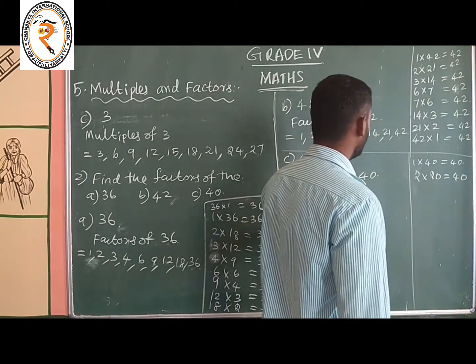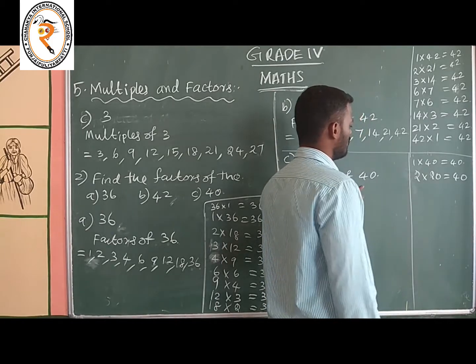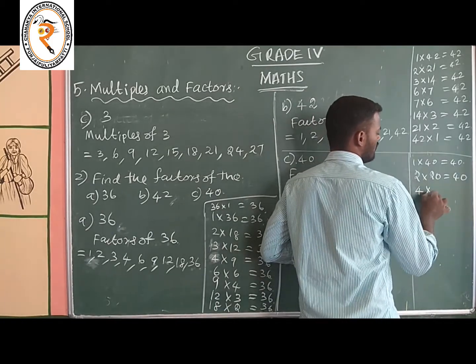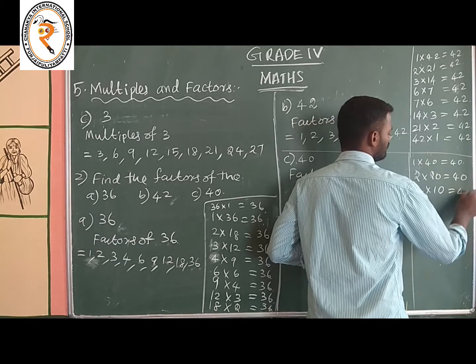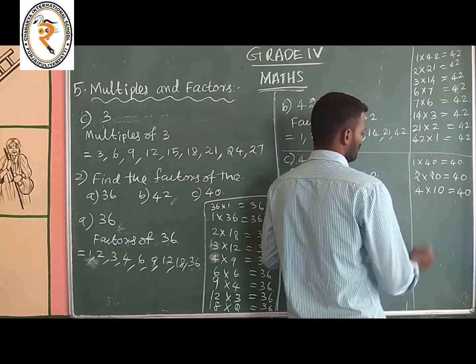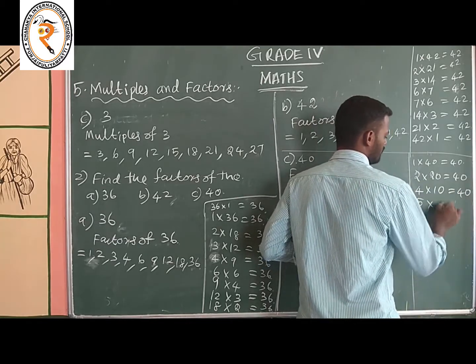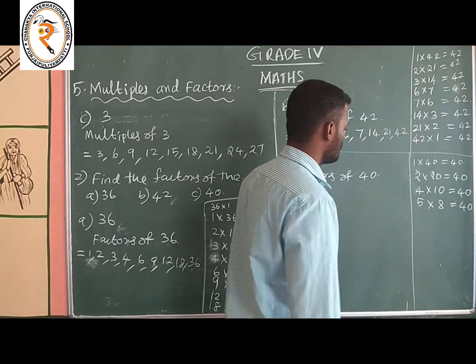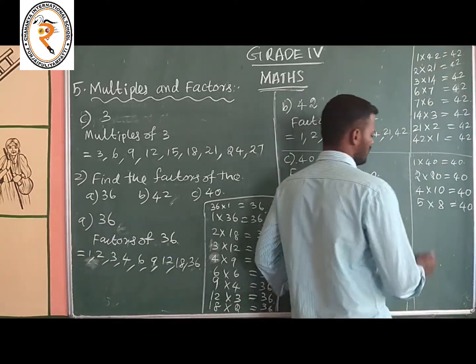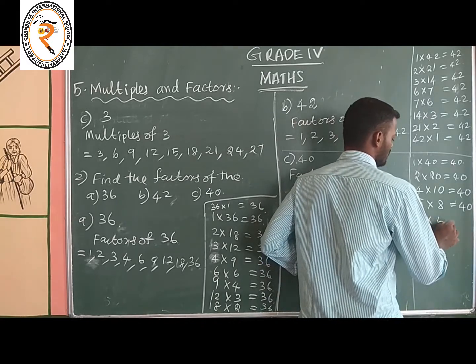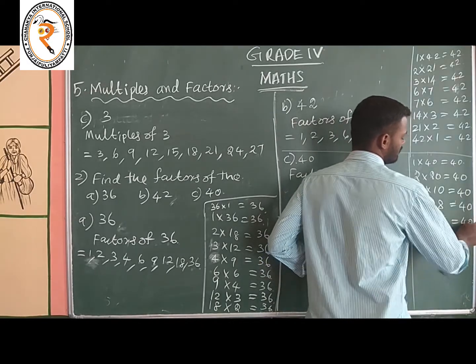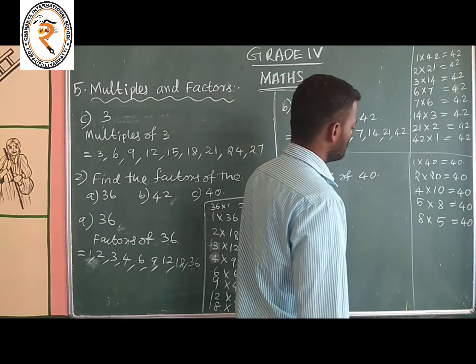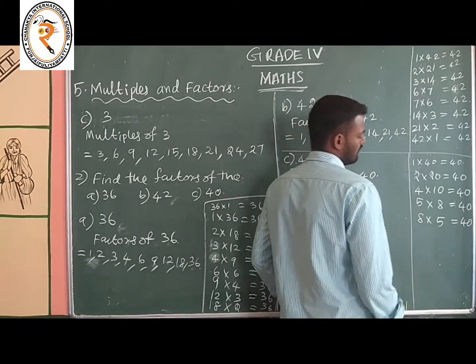And the fourth table: 4 10s are 40. Fifth table: 5 8s are 40. Sixth table does not come. Seventh table also does not come. Eighth table: 8 5s are 40. And in the ninth table, 40 does not come.